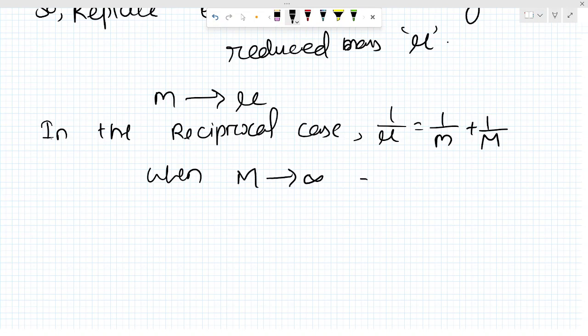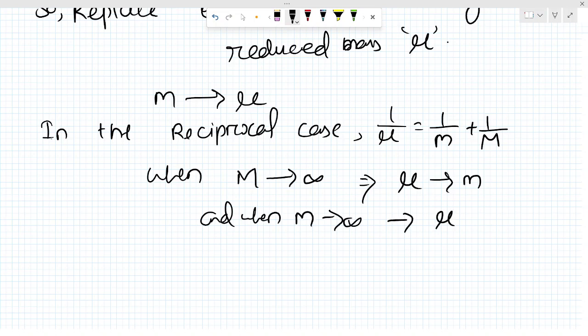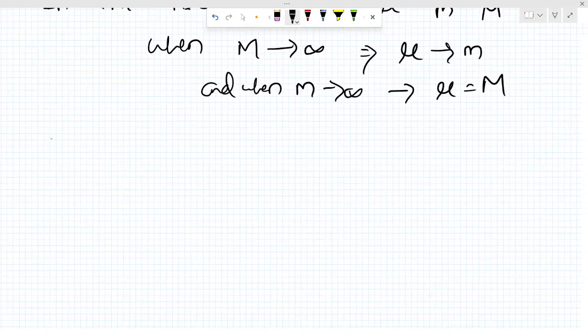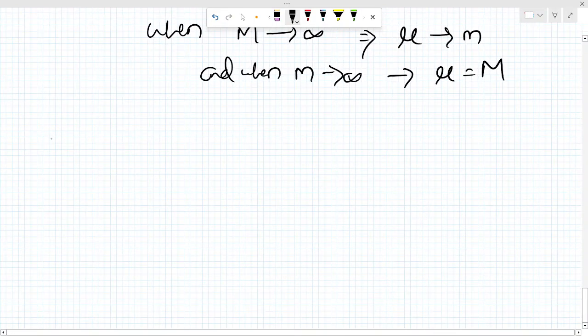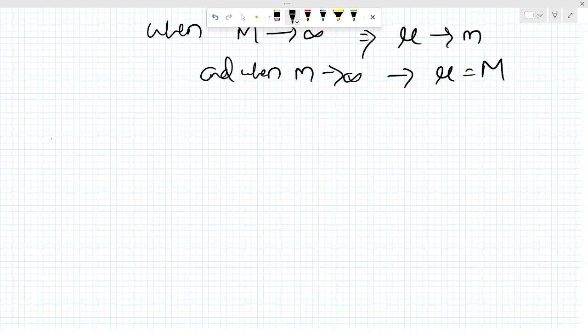Then what happens? Then mu tends to small m, and when small m tends to infinity, then mu will be equal to capital M, isn't it? Yes. Thus, the assumption that the nucleus is stationary is equivalent to assuming the nucleus to be infinitely large.